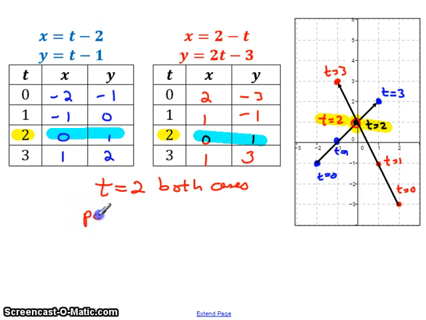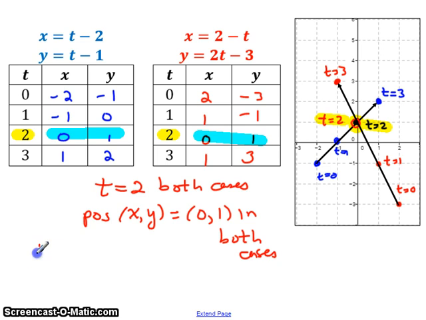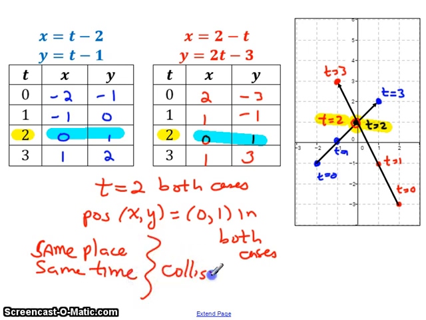And so we say the position, x, y, is 0, 1 in both cases. And what does that mean? Same place, same time, and that is a collision.